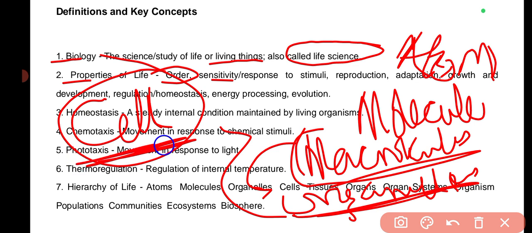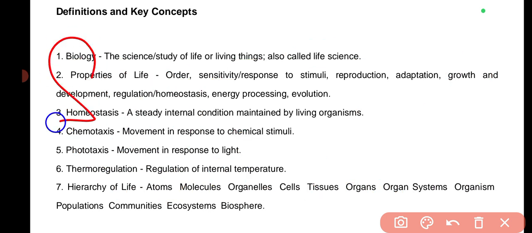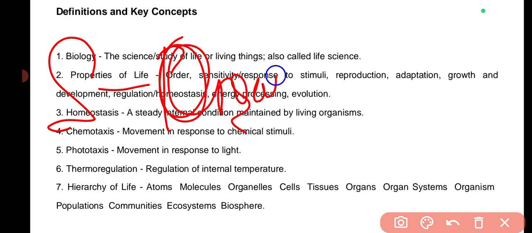So the cell is an ordered compartment where we have functioning organelles. Then cells function together to form tissue. Then tissues work together to form organ. Then organs work together to form system. And the systems now work together to form the organism itself.